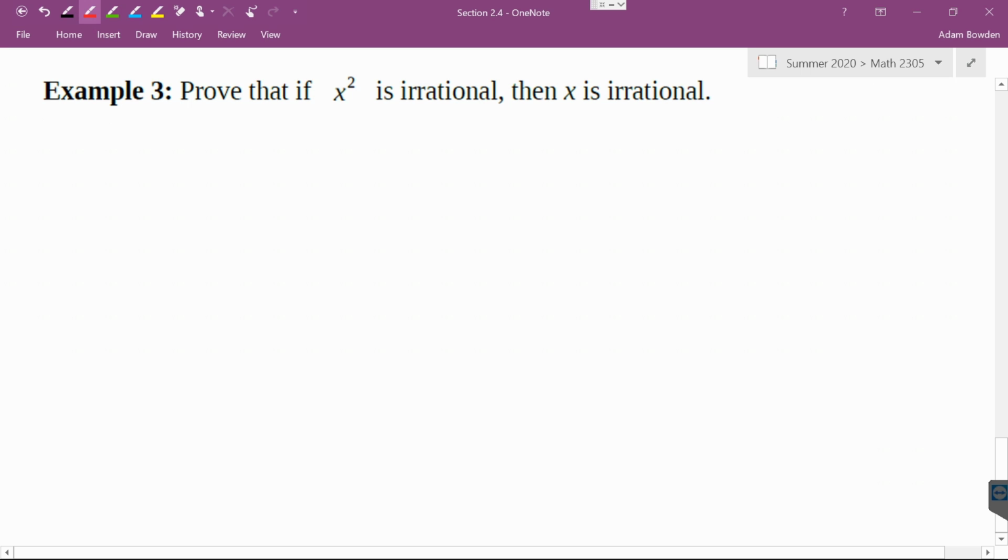Now this example here, we're going to prove that if x squared is irrational, then x is irrational. To approach this one, since it's an if-then, I'm going to actually apply the contrapositive to it.